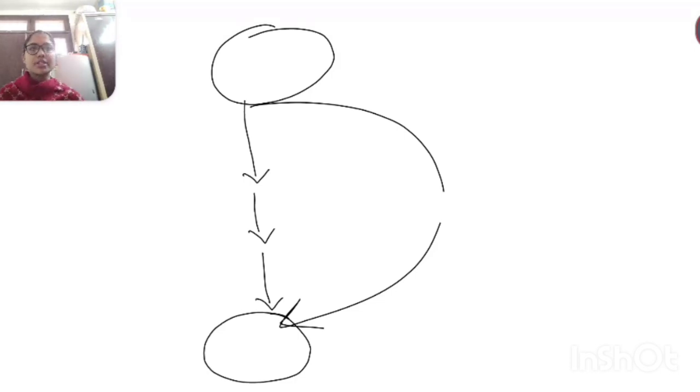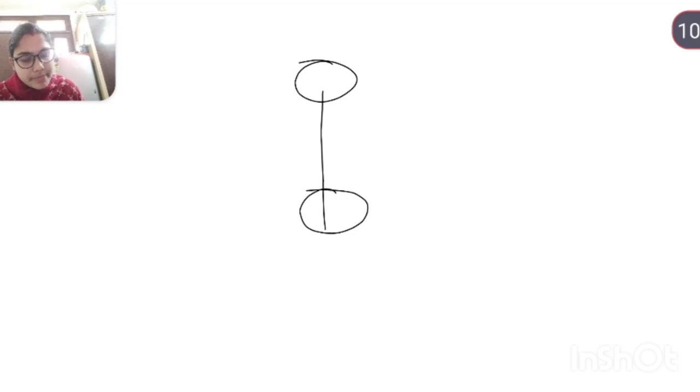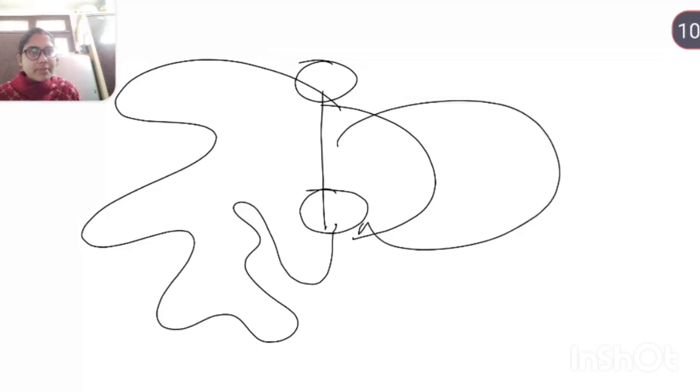In how many ways can the ball change its position? The ball may come like this, or travel a long path and come like this. These are all different paths. There may be n number of paths a ball can travel from its initial position to its final position.